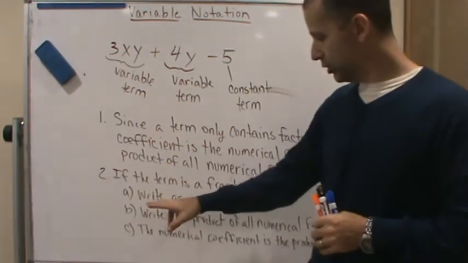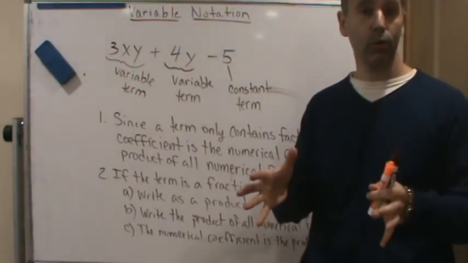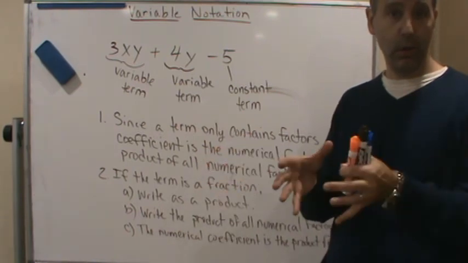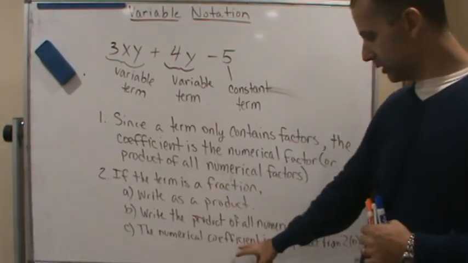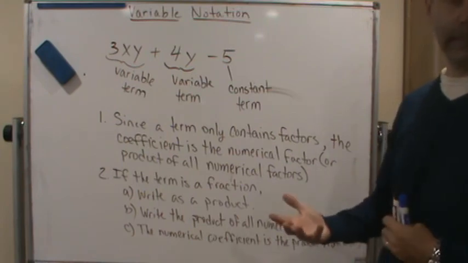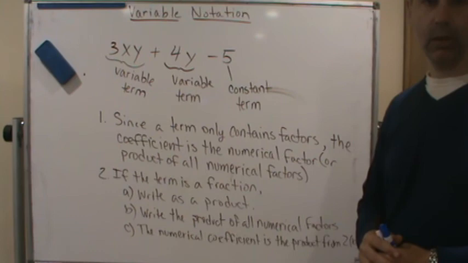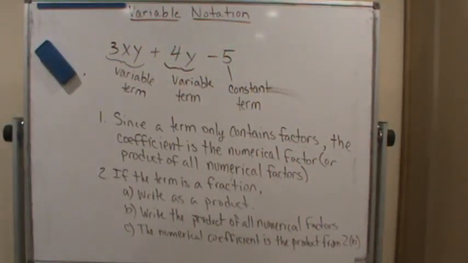Then you're going to take the product of all the numerical factors, and that result is going to be the numerical coefficient. Okay, so that's it. So let's look at some examples and go from there.